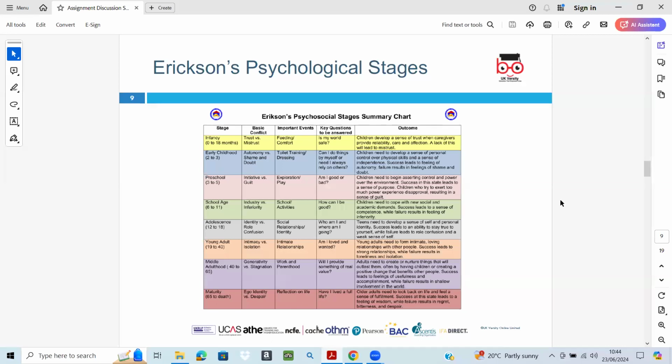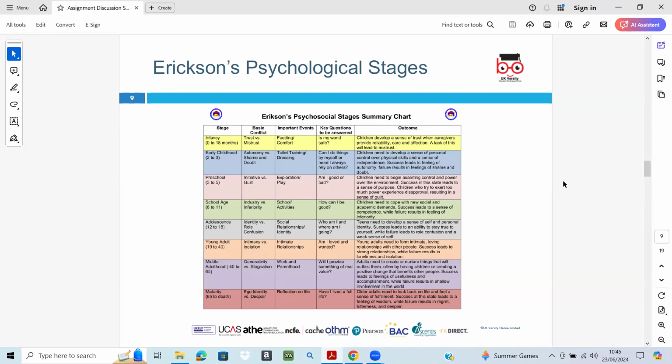Then we have autonomy versus shame and doubt, and it involves early childhood, from 2 to 3 years. Children start developing a sense of independence and autonomy as they explore their world, and overprotection or criticism can lead to feelings of shame and doubt.